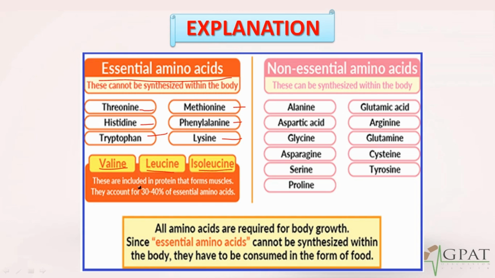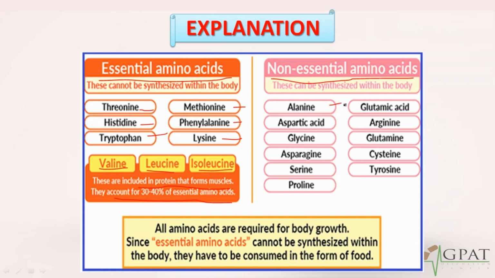isoleucine; these are included in protein that forms muscles. They account for 30 to 40% of essential amino acids. Non-essential amino acids can be synthesized within the body, so they are not needed in the diet. That's why these are called non-essential amino acids.